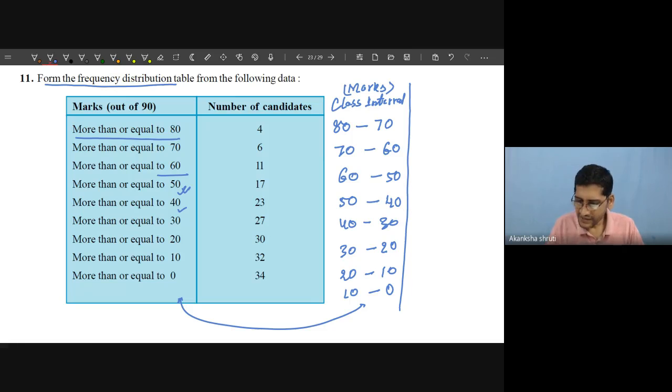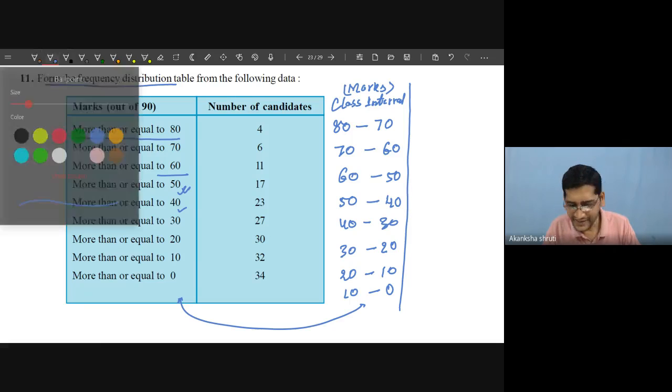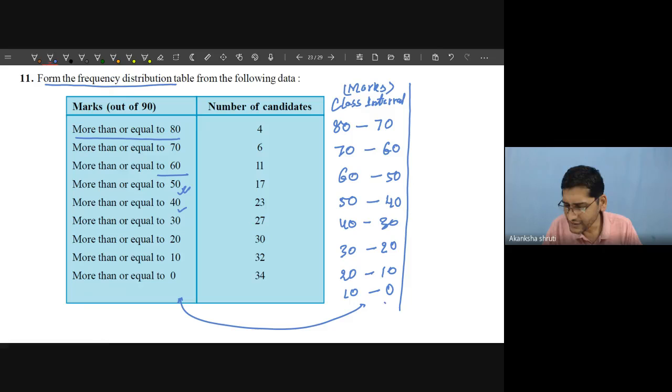Students, the order that we have written, is this correct, the class interval? Always we write the lower one first. So be careful while writing this. If you write this as 10 to 0, it gives a wrong impression, or it is a wrong way of writing. So the lower limit you have to write the reverse way. So correct it: 0 to 10, then 10 to 20.